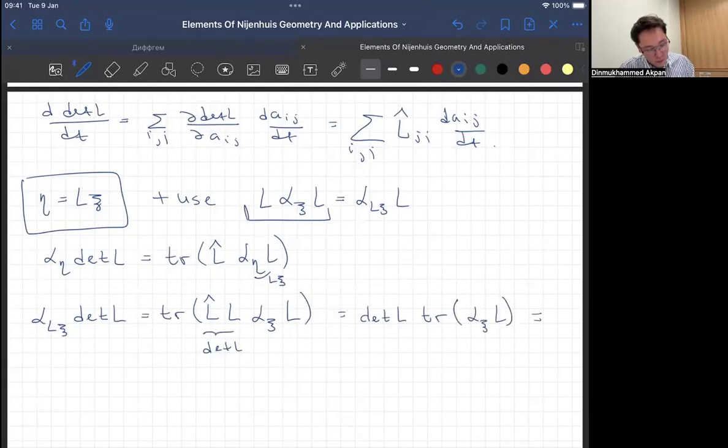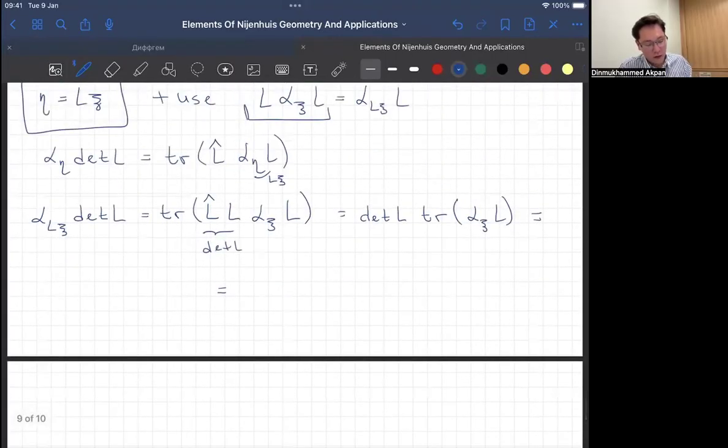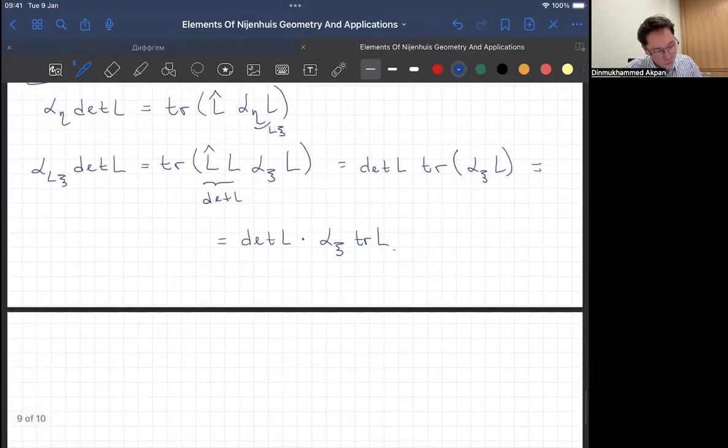Then there is a property of the Lie derivative that this operation commutes with taking the trace, so determinant L times the Lie derivative of trace L. So the second step is that we proved that the Lie derivative along L psi of det L equals det L times the Lie derivative of trace L.